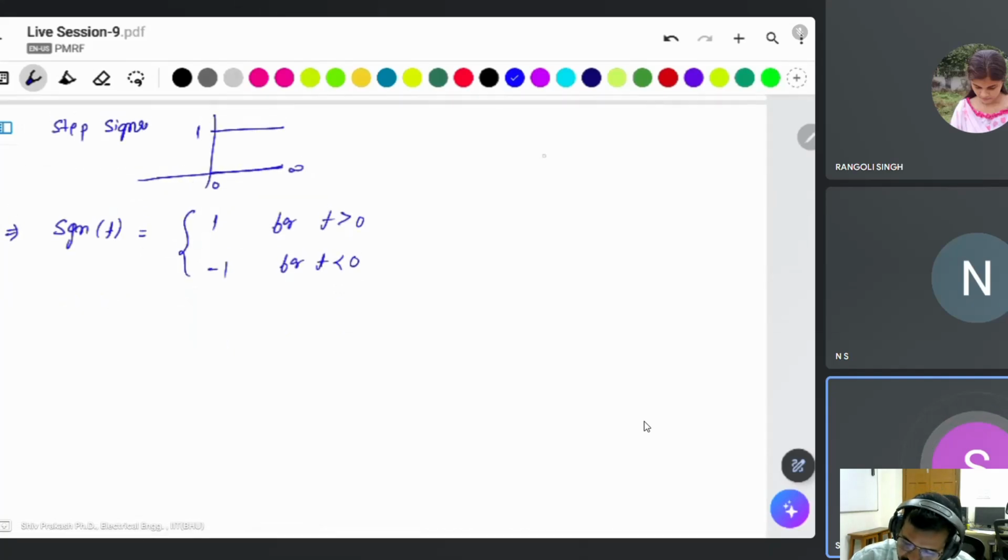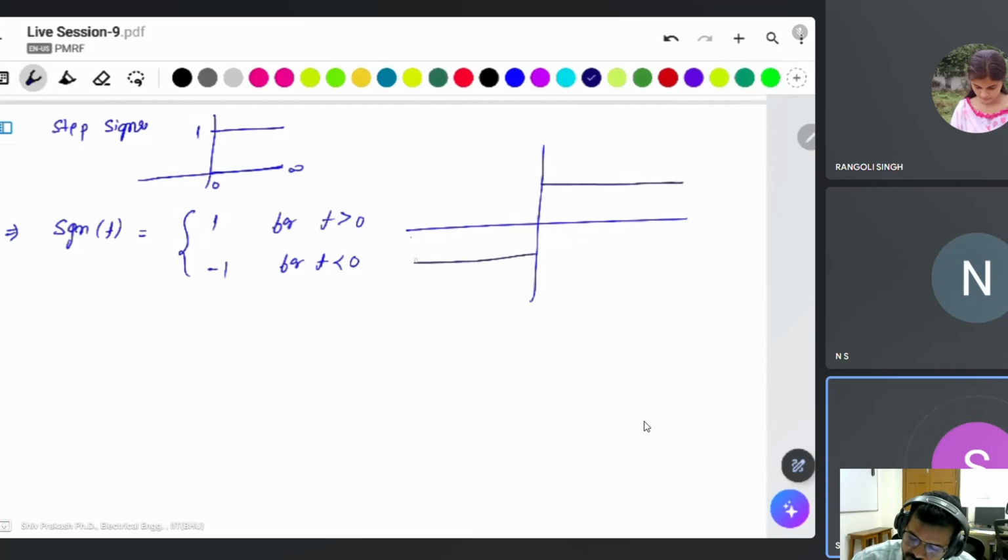It means this is represented as plus t, and this will be minus t. So minus 1 plus 1, this will be t. Here it is negative, so 0; positive here, negative here. If there is any negative, then the function is minus 1.